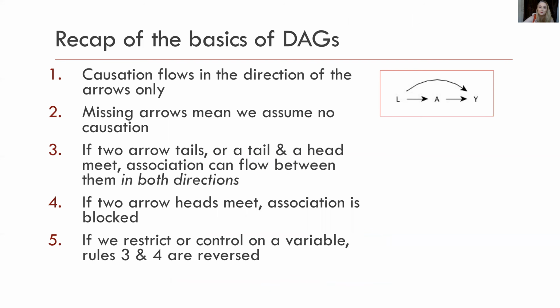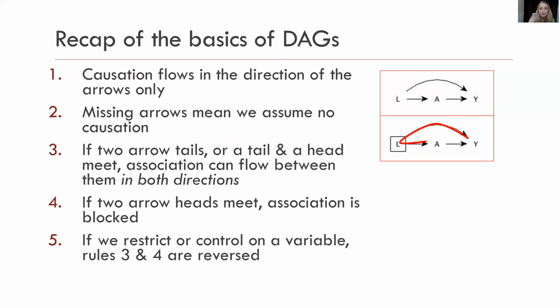Okay, so let's recap the basics of the DAGs. First, when we think about a DAG, causation flows in the direction of the arrows. On the other hand, association can flow in the reverse direction. If we have missing arrows, then we're assuming no causation.